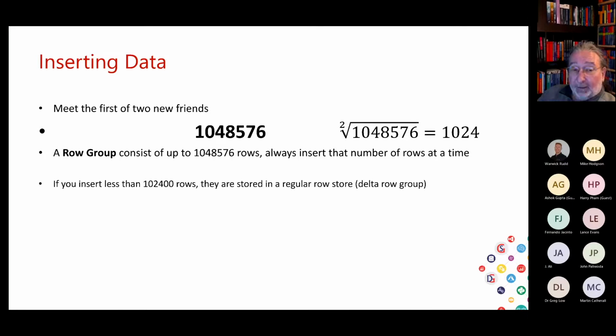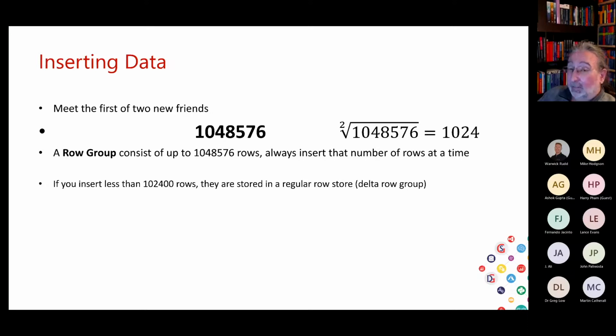If you insert less than 102,400 rows, they are stored in a regular row store, a delta row group. So what SQL Server creates in the background is a regular table, puts the rows in there, and then unions the results together every time you query.